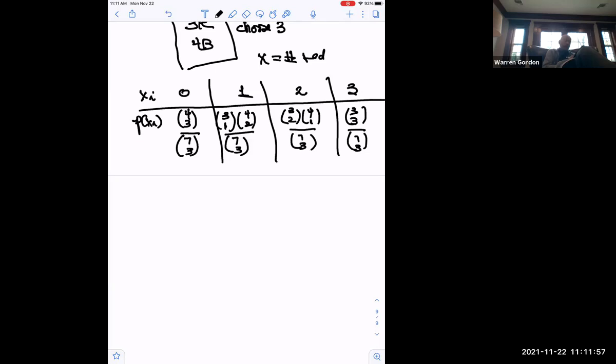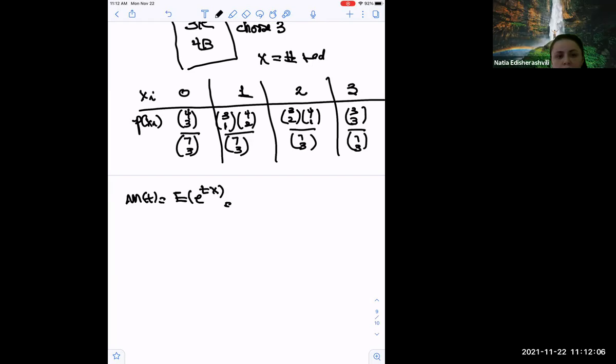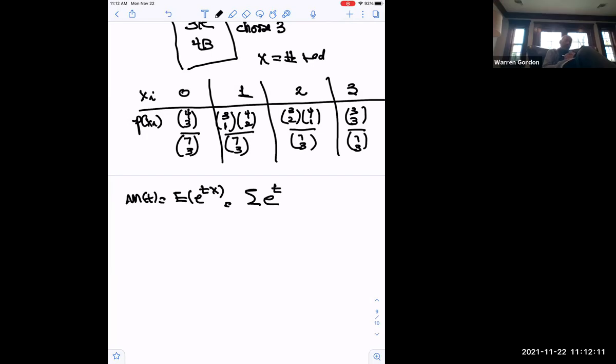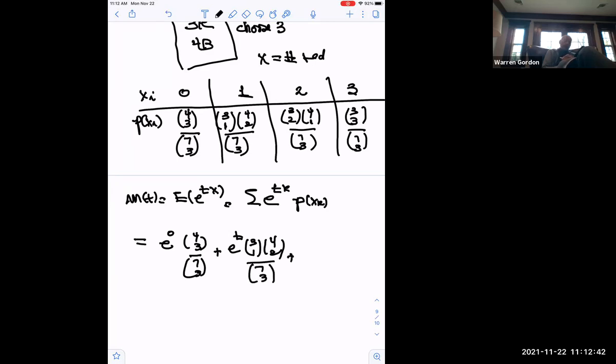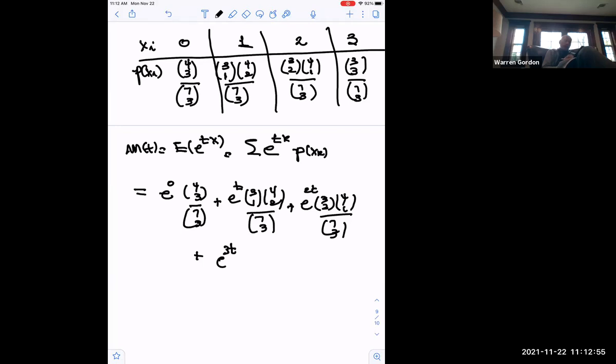Okay. So if I wanted, I can figure out the moment generating function. In this case, it would be E of e to the tX, which would give me e to the 0 power times 4 choose 3 over 7 choose 3. e to the 0 power, of course, is 1, plus e to the t, X now is equal to 1, 3 choose 1, 4 choose 2 over 7 choose 3, plus e to the 2t times 3 choose 2, 4 choose 1 over 7 choose 3, plus e to the 3t, 3 choose 3 over 7 choose 3.